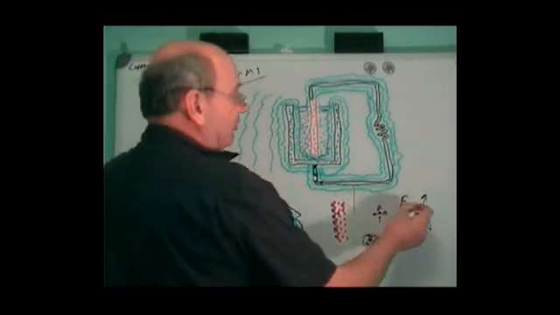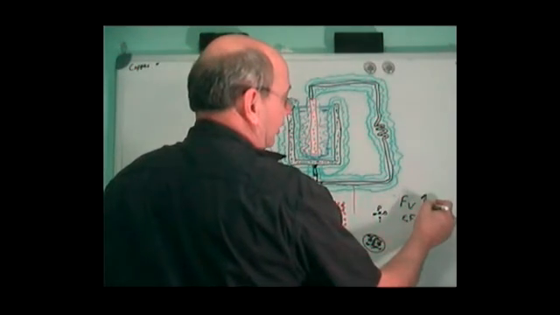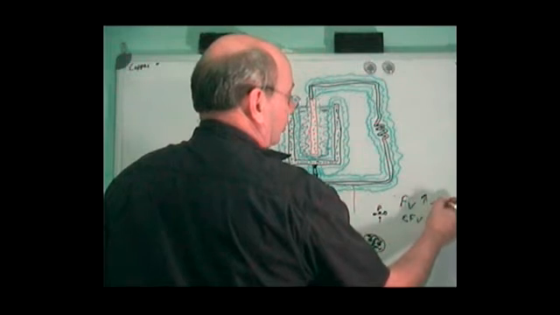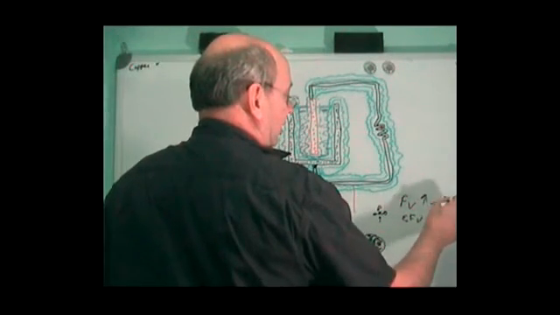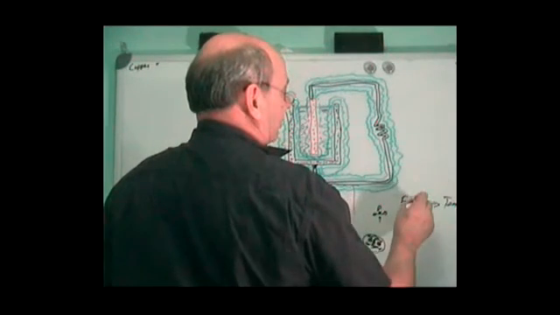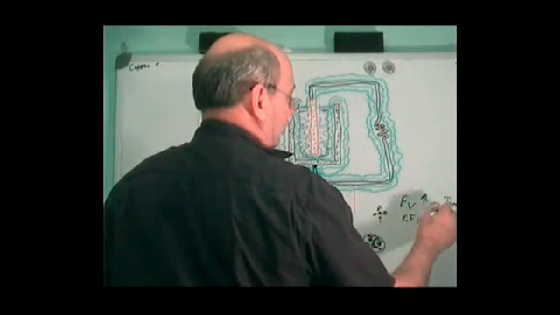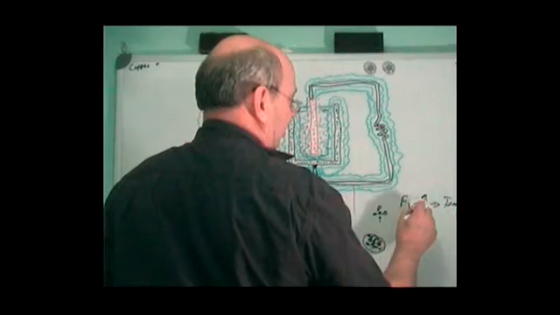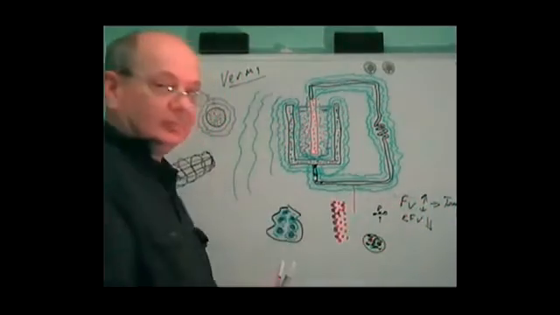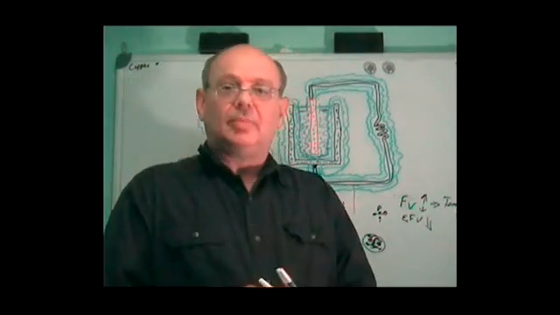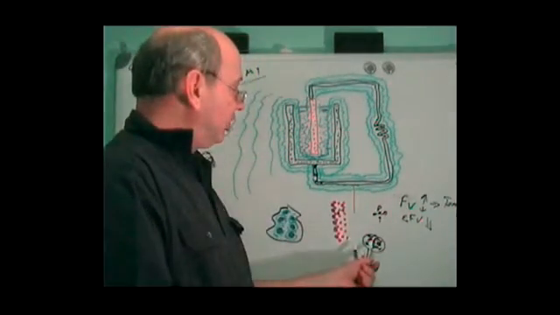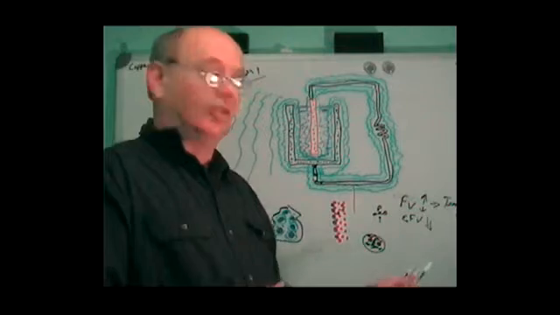Now, Fermi velocity is directly proportional to temperature. So the higher the temperature goes, the more the Fermi velocity goes. The lower the temperature goes, the lower the Fermi velocity goes. So that's why we have superconductors at very cold temperatures, because when the molecules are sitting still, it's easier for the electrons to pass through.